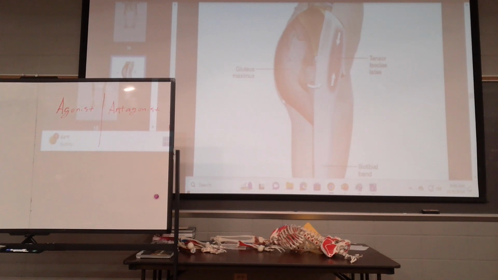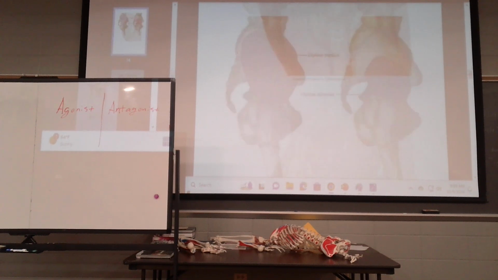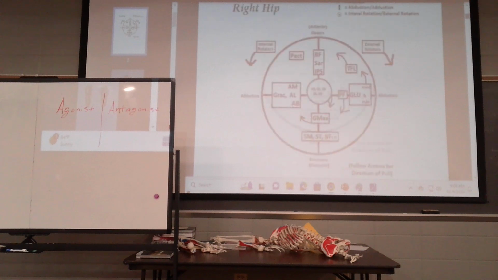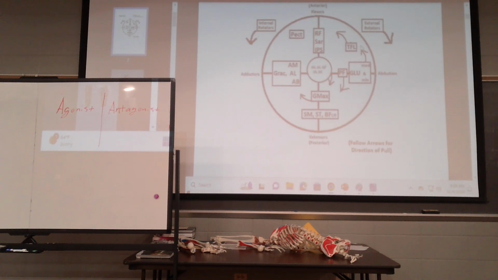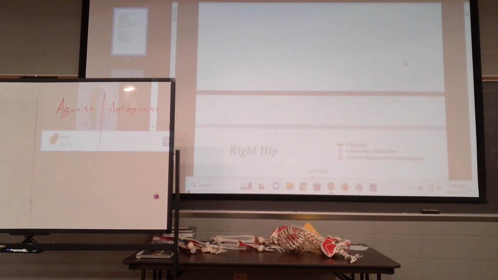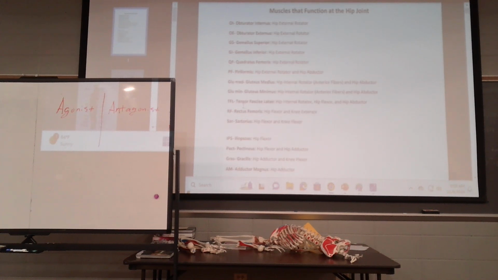Okay. So how does the tensor fascia lata fit in our circle? If you're a circler, there's our TFL. It crosses the hip anteriorly, so it's a flexion puller. It crosses the hip laterally, so it's an abduction puller. And because it's at an angle, those medial fibers pull internally. The X component of it is an internal rotation. If you do function based off of this, no problem. Let me make sure I have it correct.